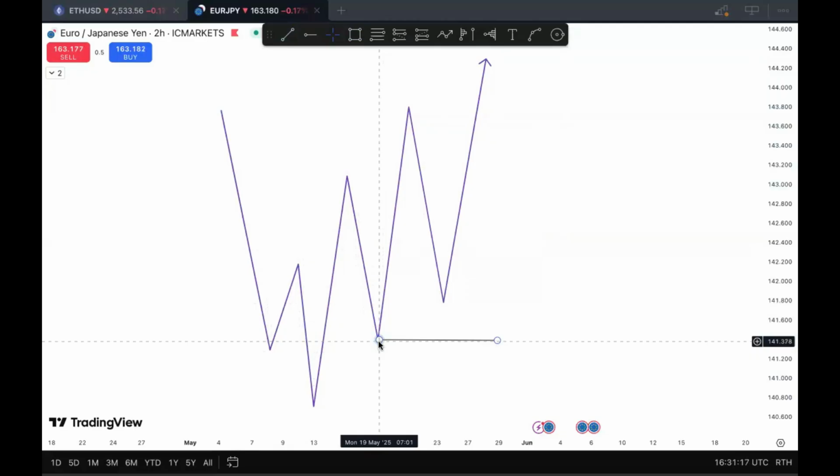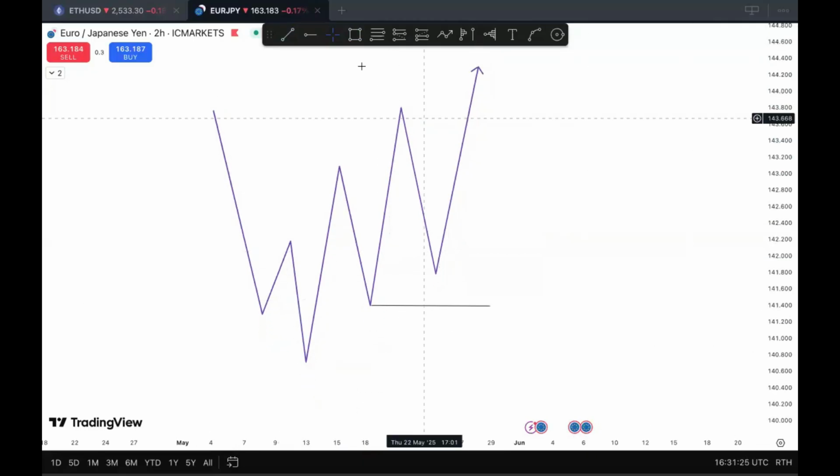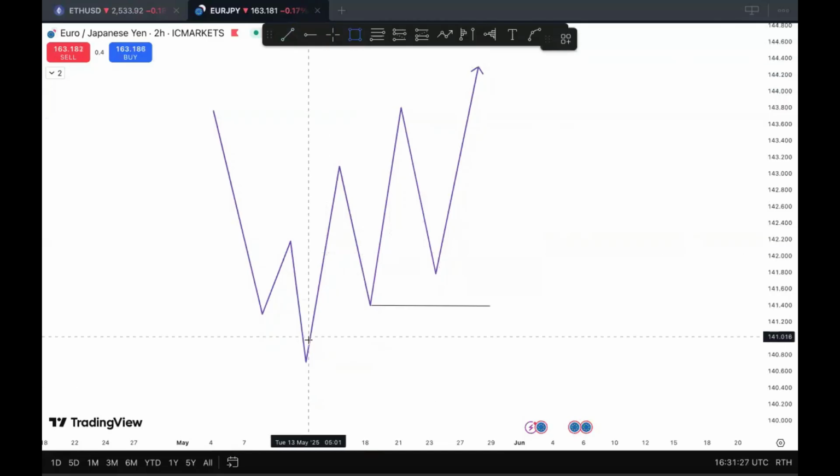That's where price bounced back from. So where will be your entry? Your entry will be your order block here.